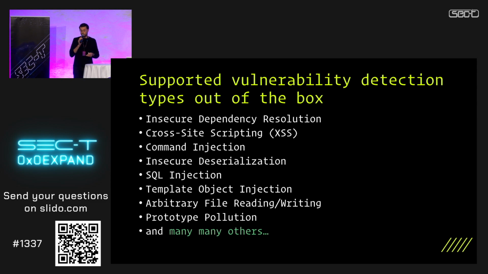Also, CodeQL supports vulnerability detection out of the box for many vulnerability types. It can be insecure dependency resolution, injections like XSS, command injection, SQL injection, and complex vulnerabilities like insecure deserialization, prototype pollution, and many others.